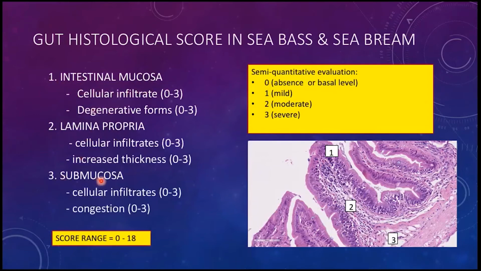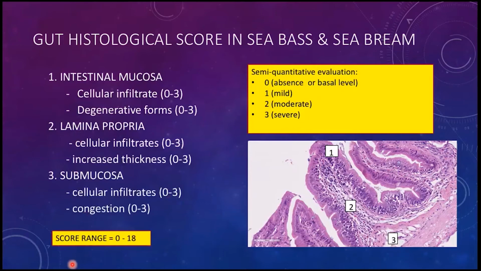Okay, so basically we will be checking cellular infiltrates that are present in the intestinal mucosa, the lamina propria and submucosa, plus the presence of degenerative forms in the intestinal mucosa, presence of increased thickness in the lamina propria, and third, an increased presence of congested blood vessels in the submucosa. Why in the submucosa? Because basically it's that area that contains blood vessels.